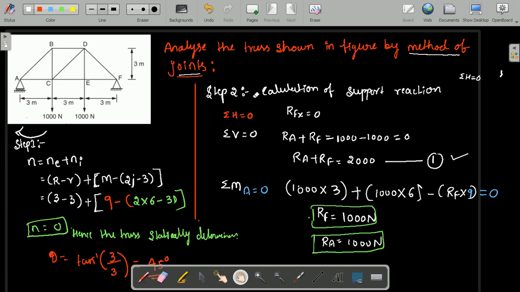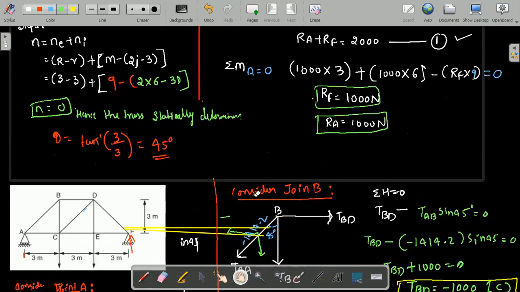Then you find the support reactions by applying the same equilibrium conditions. Again you consider the different joints. What you need to remember is that the joint you consider should have the minimum unknowns. It is common sense, because we cannot consider point D first, as all are unknown. So the first joint should be chosen such that there are a maximum of 2 unknowns. You observe carefully and choose it.